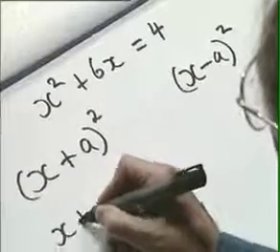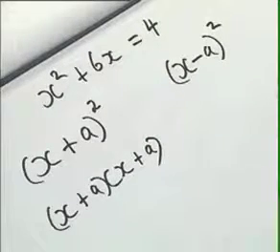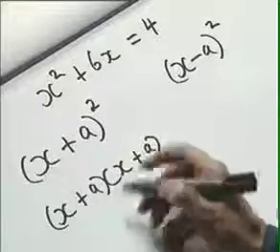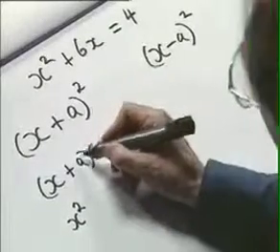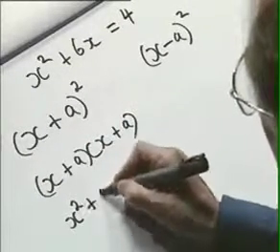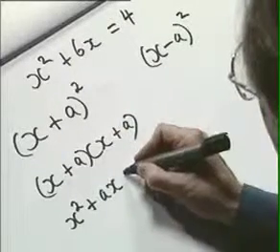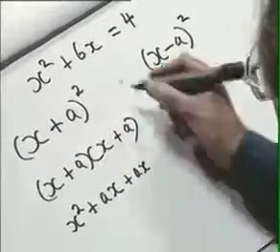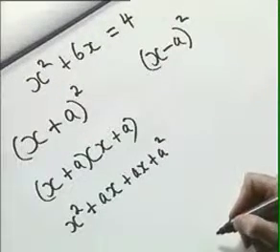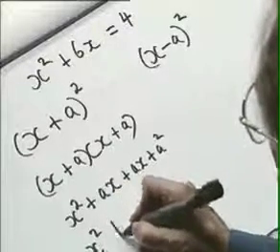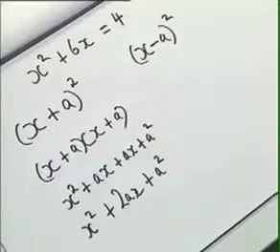So this is x plus a times by x plus a, and we do x times by x, that gives us x squared, and we do a times by x, which gives us ax, and then with x times by a, which again gives us ax, and then at the end a times by a, which gives us a squared. And so we've x squared plus 2ax plus a squared.